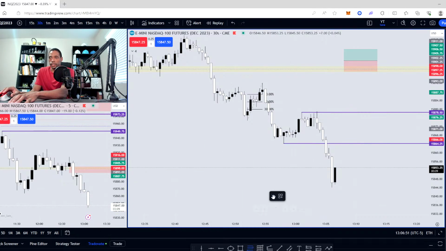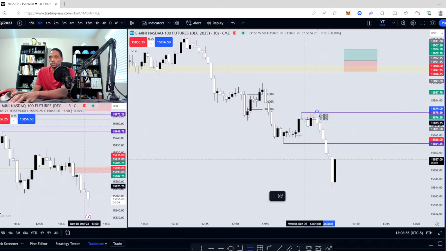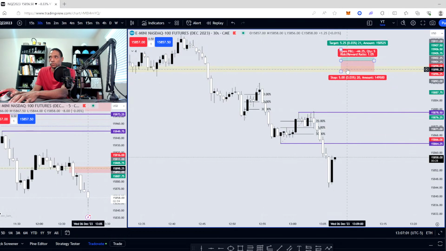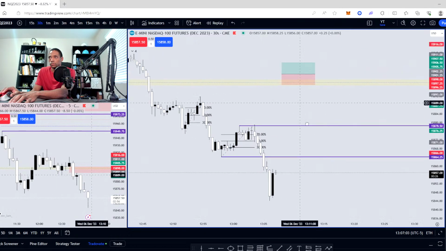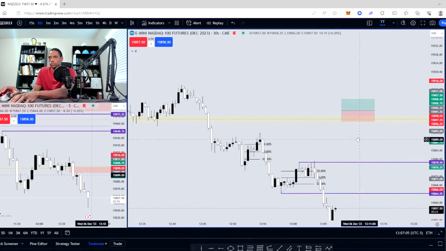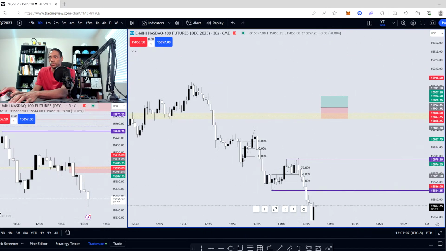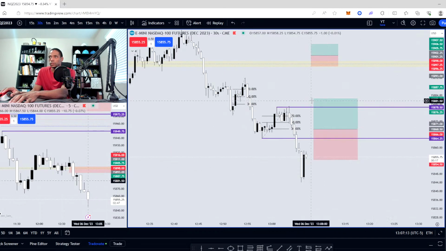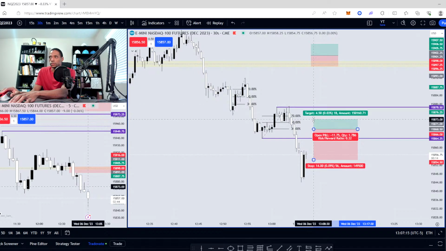So we would do the exact same thing from high to low. There's the manipulation. And we're looking for a return into 30% for a similar trade. Looks like I deleted my tool, so I will bring it back. Set my parameters again.